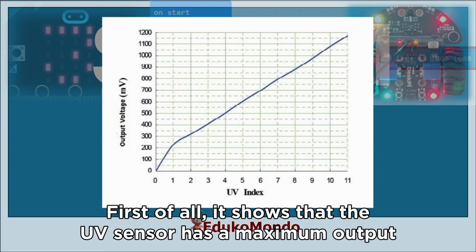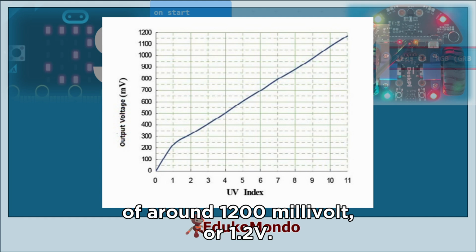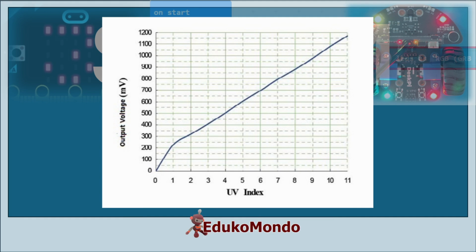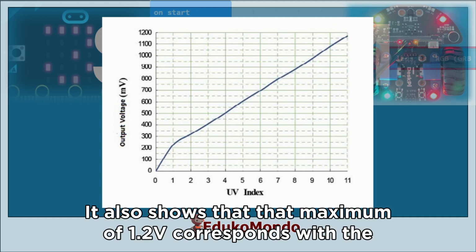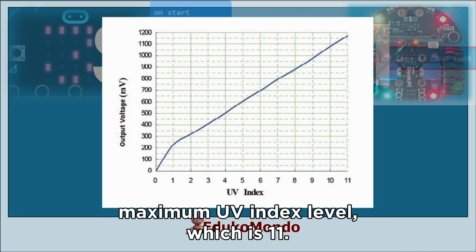First of all, it shows that the UV sensor has a maximum output of around 1200 millivolt or 1.2 volt. It also shows that that maximum of 1.2 volt corresponds with the maximum UV index level, which is 11.